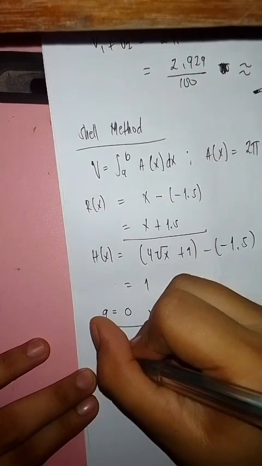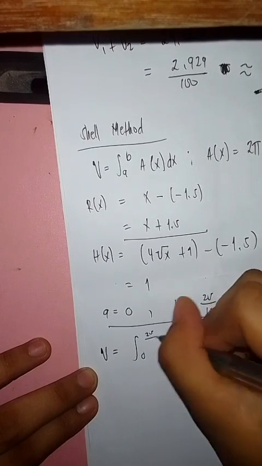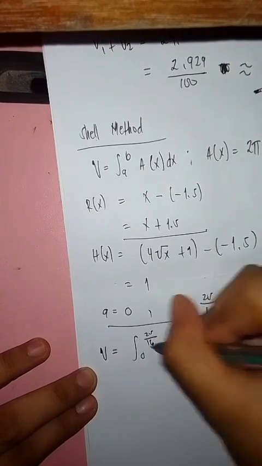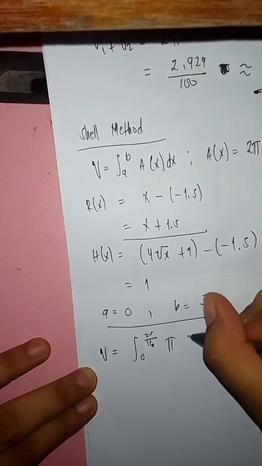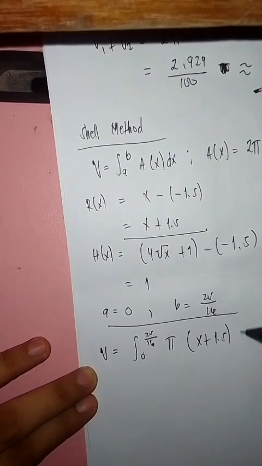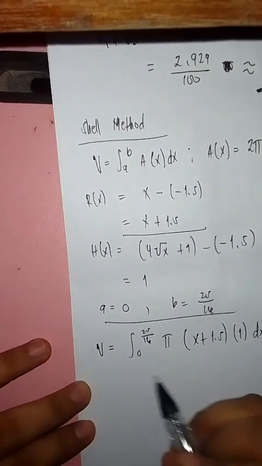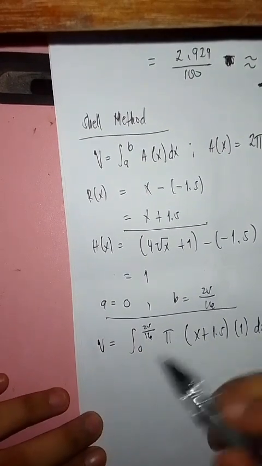So, using the formula, V is equal to the integral of 2 pi times (x plus 1.5) times 1 dx evaluated from 0 to 25 over 16.